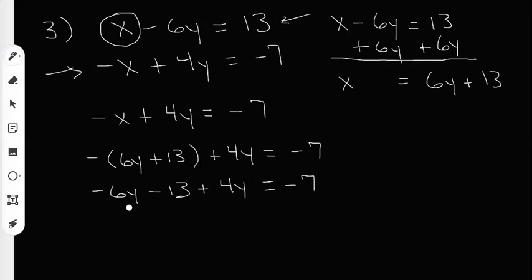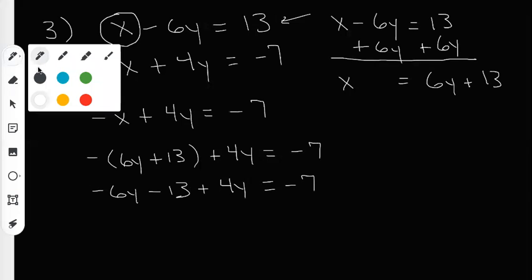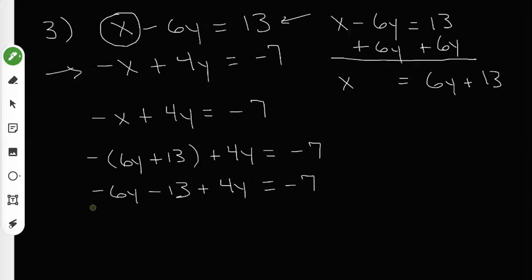And then I can add the y terms together. So what are my y terms? The -6y and the positive 4y. And now these two y terms, I can put those together to get -2y.